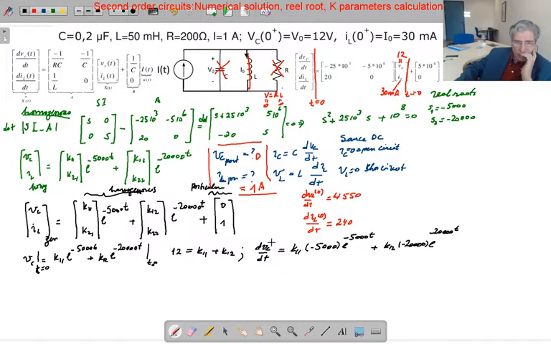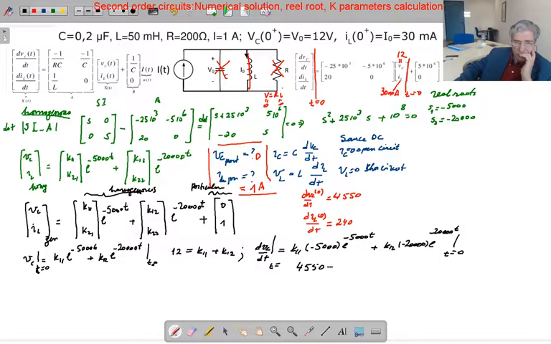Now if I replace t equal to 0 in here, this becomes the initial condition of the derivative, which is 4,550.